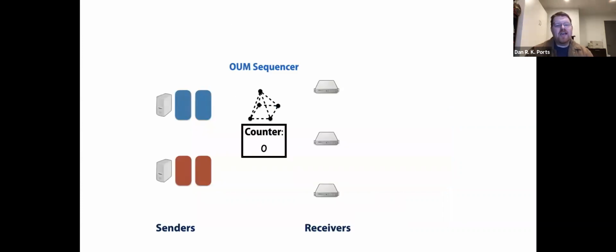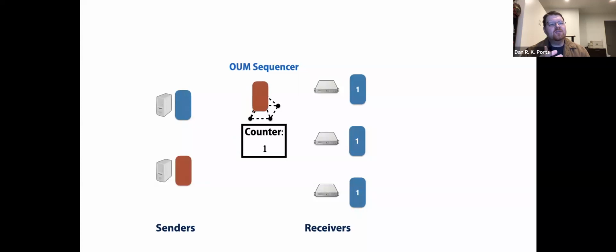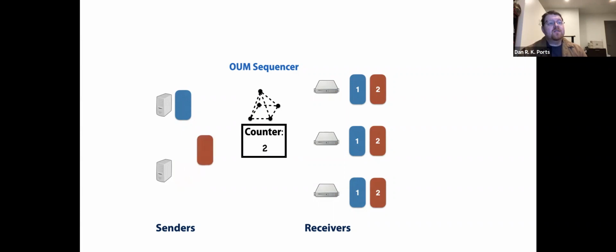Just to give you a quick example of ordered unreliable multicast, here we've got two senders sending messages concurrently. As they get forwarded, the sequencer stamps a sequence number into the packet. Here we're seeing the messages being delivered, and the receivers can verify that they're receiving the messages in the same order. Some of the messages might get lost. This one got delivered to only 2 of the replicas.